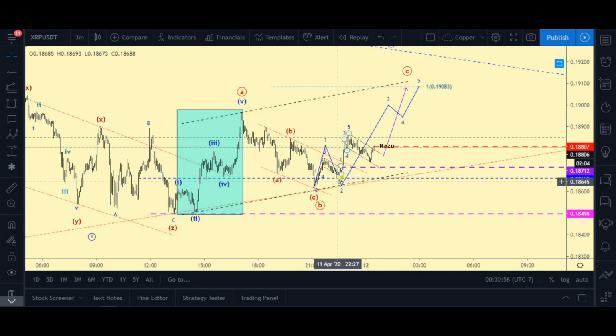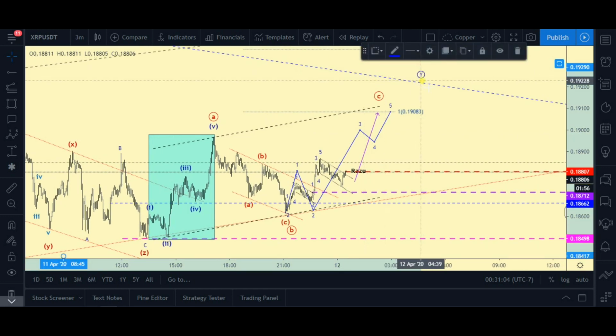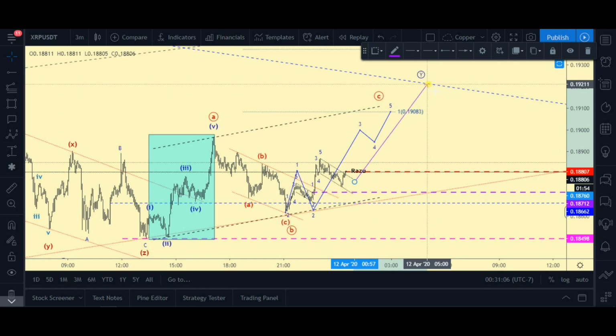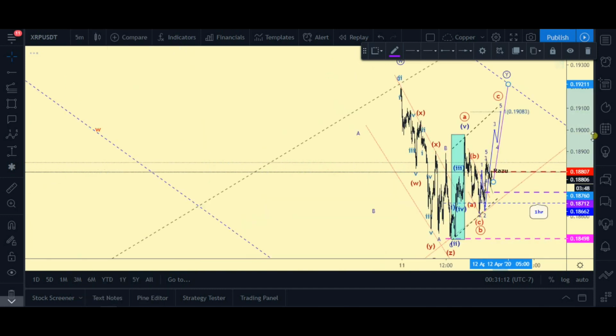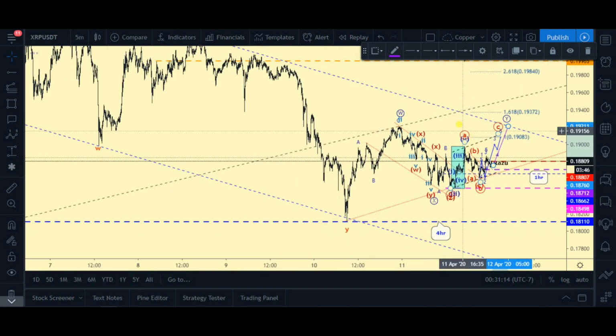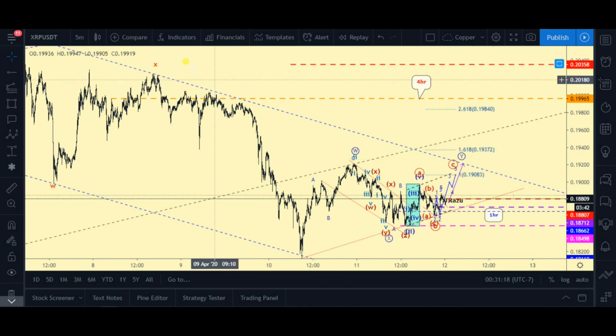So this could be the first wave, then second and third, fourth, fifth should end like this around, or expecting it to hit this channel line. As you can see, this channel line has been in the 5-minute chart. We can see this channel line from above here coming down.